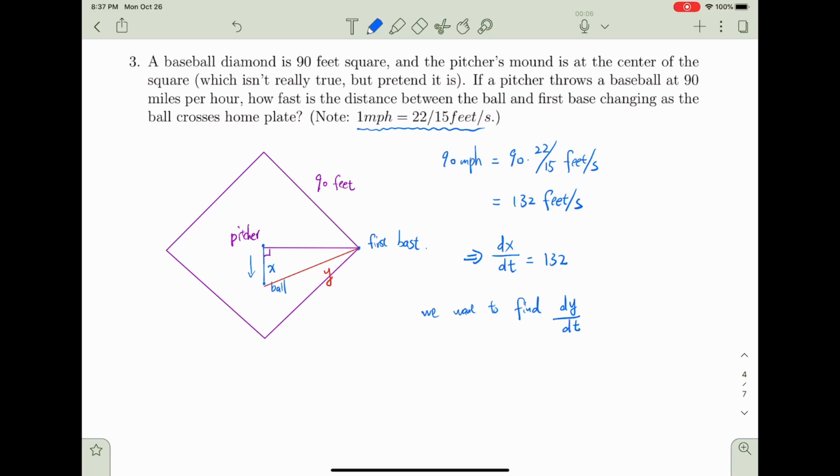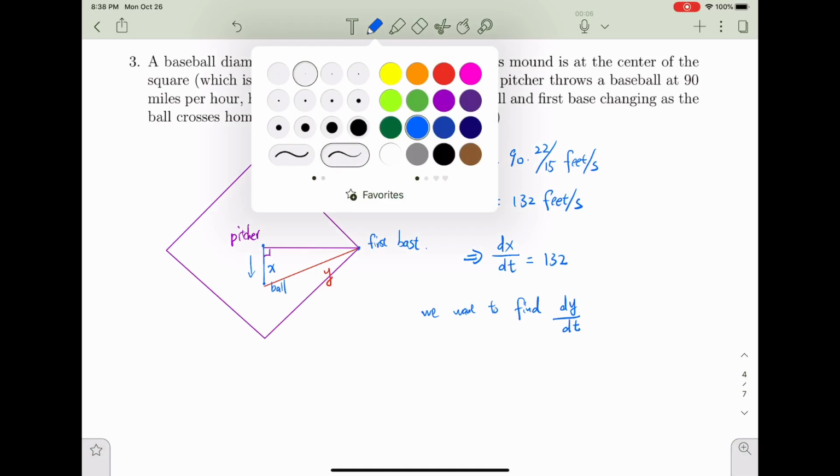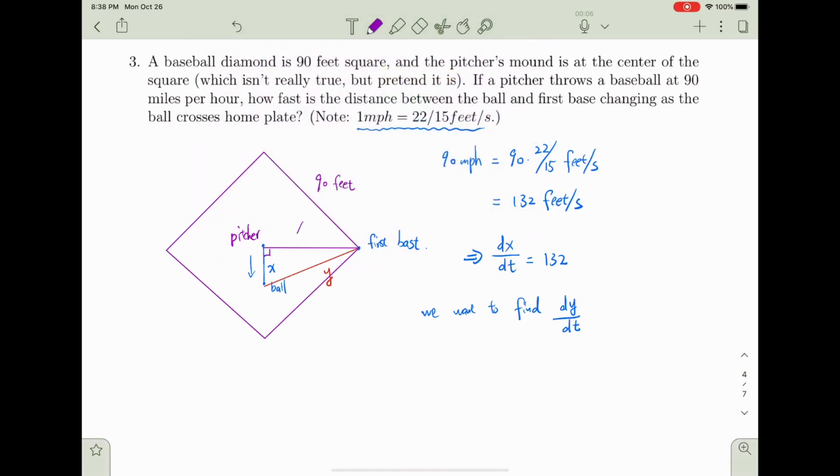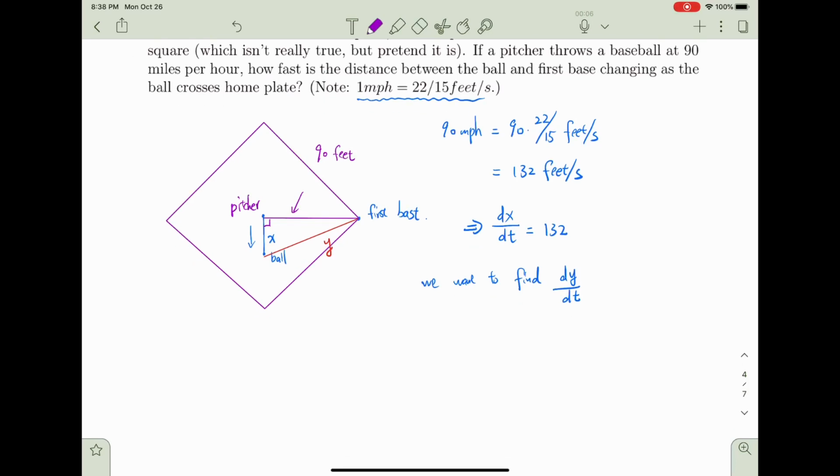As you can see, y is the hypotenuse of this right triangle and x is the length of one side. So if we figure out the length of that purple side here, we will be able to establish an equation of x and y by the Pythagorean theorem. So let's figure this out.